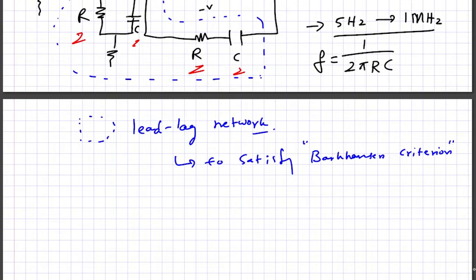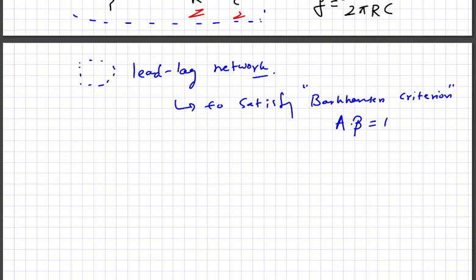So this is the circuit that is necessary to satisfy the Barkhausen criterion, that is A beta is equal to 1. Here you can also look into the book, a photograph of the book I have sent you. Here beta is set to be 1 by 3 and A is set to be 3.